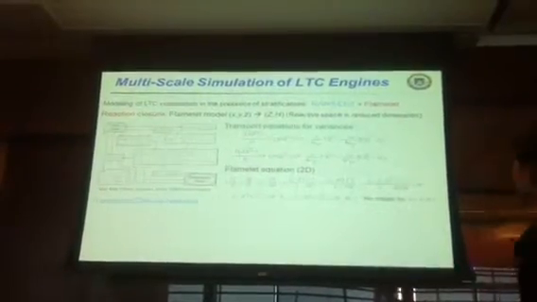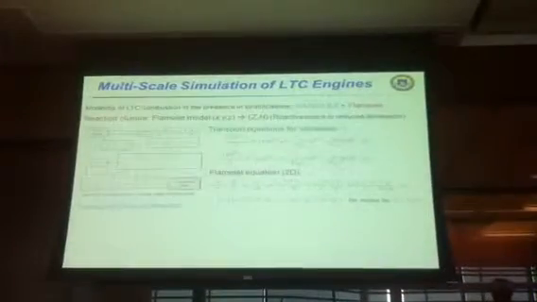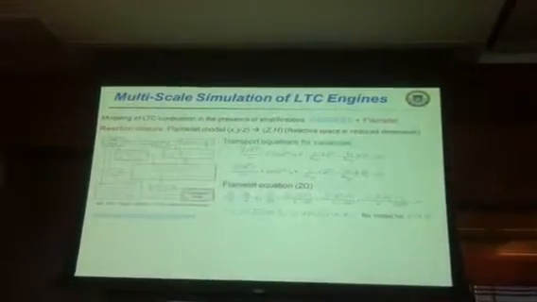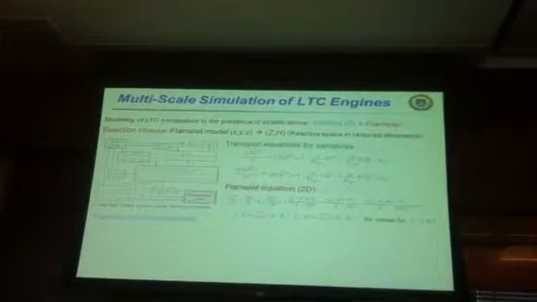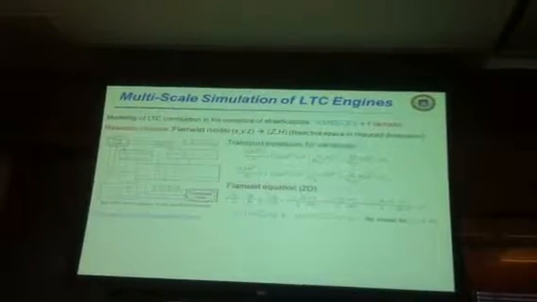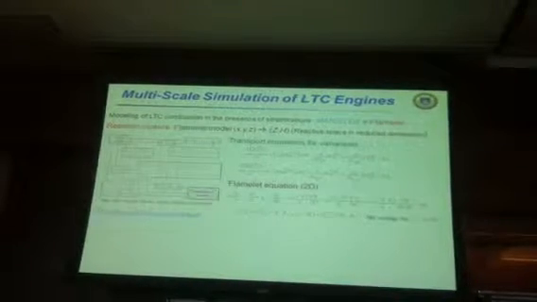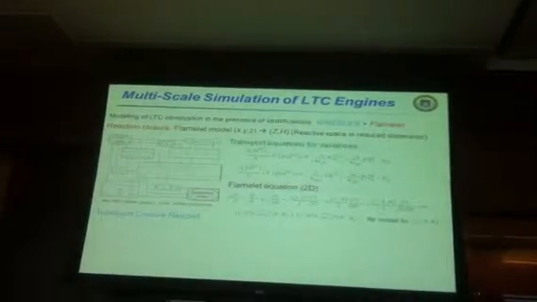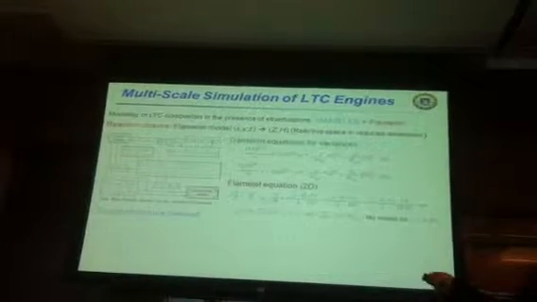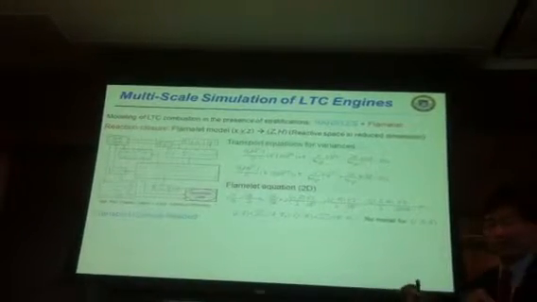This is a kind of busy figure, but basically the whole idea of this multi-scale simulation of realistic large-scale engines is that you want to treat the combustion in a reduced subspace. Understanding that all these flames have a kind of one-dimensional structure, you can solve the CFD code without considering reaction.